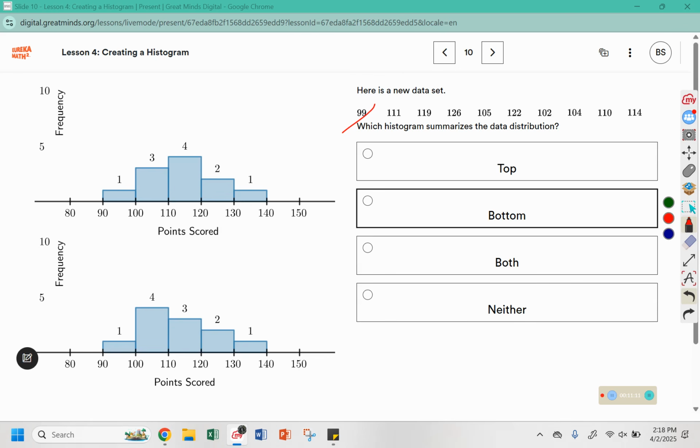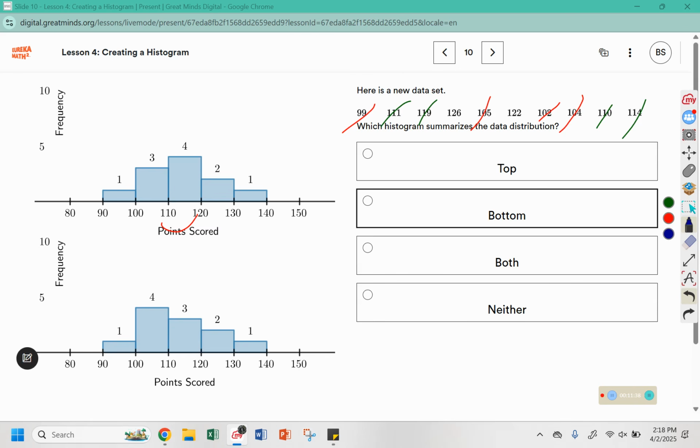So 100 to 110, that's 1, 2, 3. But remember, the 110 gets put into this box here. So then for the next section, there should be 4 from 110 to 120: 1, 2, 3, 4.